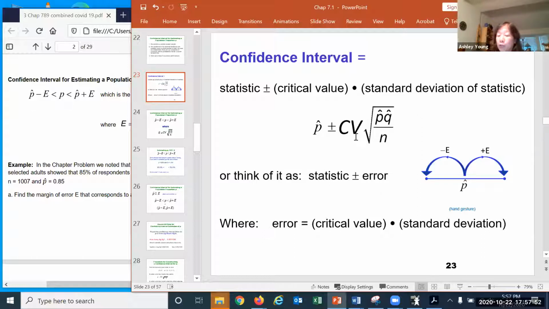Find your error, your critical value times the square root of P hat Q hat over N, and then you take P hat and subtract the error to get your lower limit, and add your error to get the upper limit. And that's how you get those.